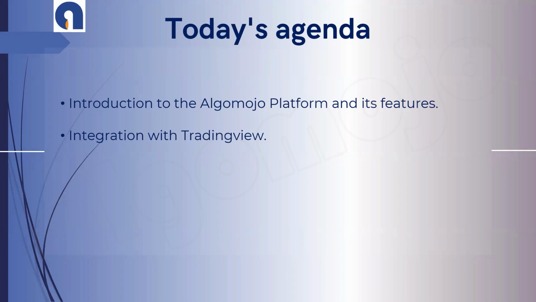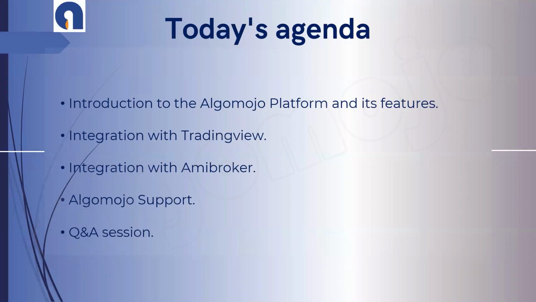I'll try and use that during the demo today. And in case anybody is interested in looking at Amibroker, kindly let me know. We can see how to do automation using Amibroker also. A brief about the Algomojo support structure and Q&A. In case you have any queries, please use the Q&A box to ask your questions.